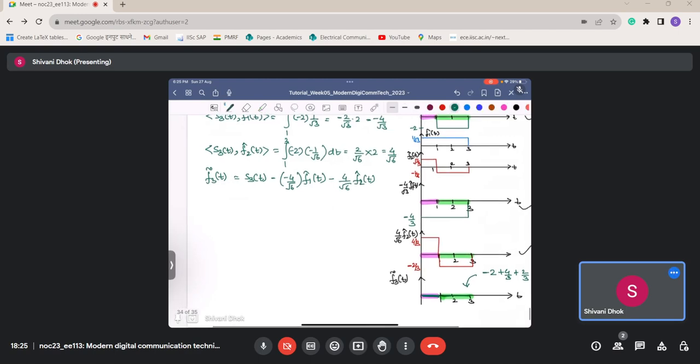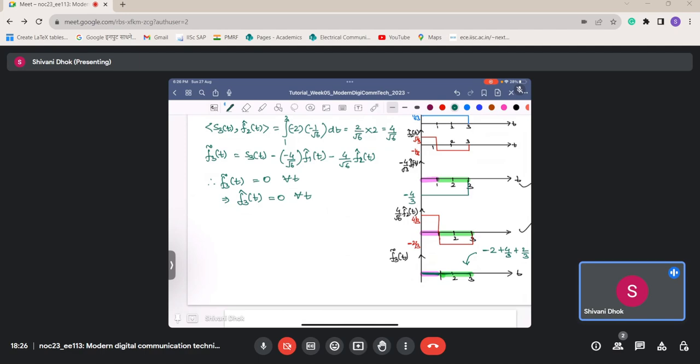So therefore f3 tilde of t is equal to 0 for all t, which implies that f3 hat of t is also 0 for all t. Is it clear?